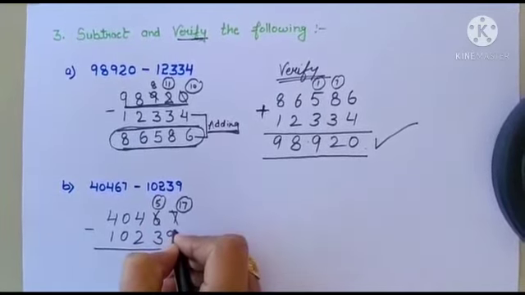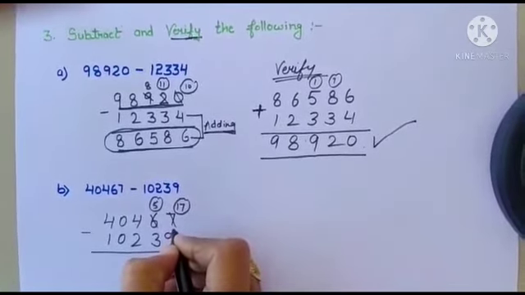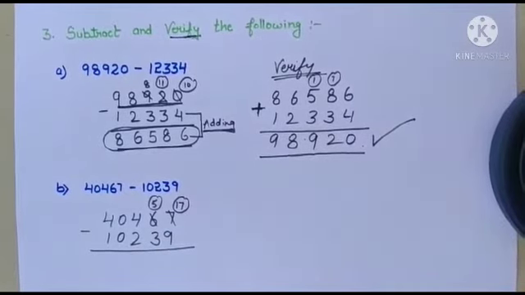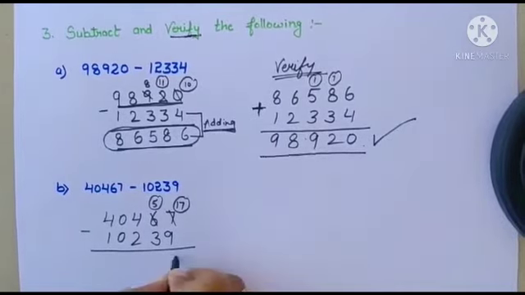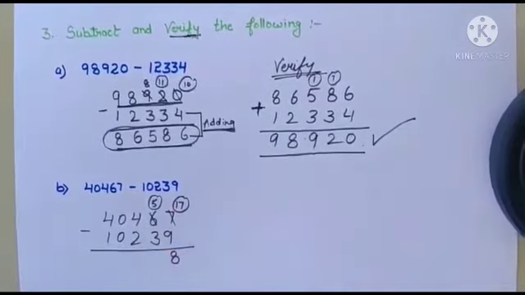So 17 minus 9. All of you do with me. Count with me. So we will get 8. 5 minus 3. 2. Right?